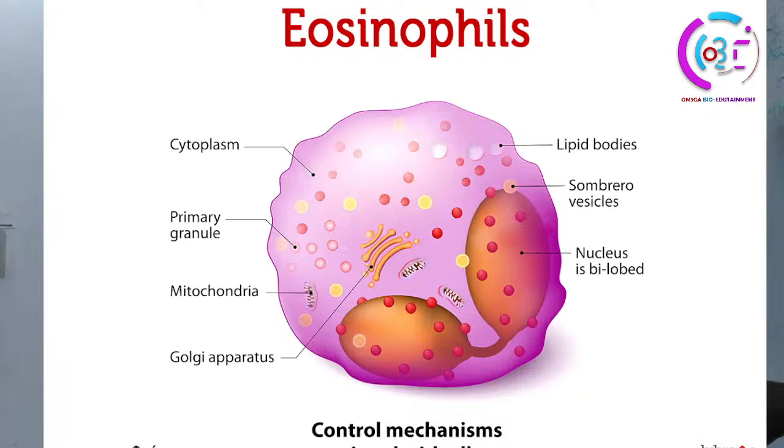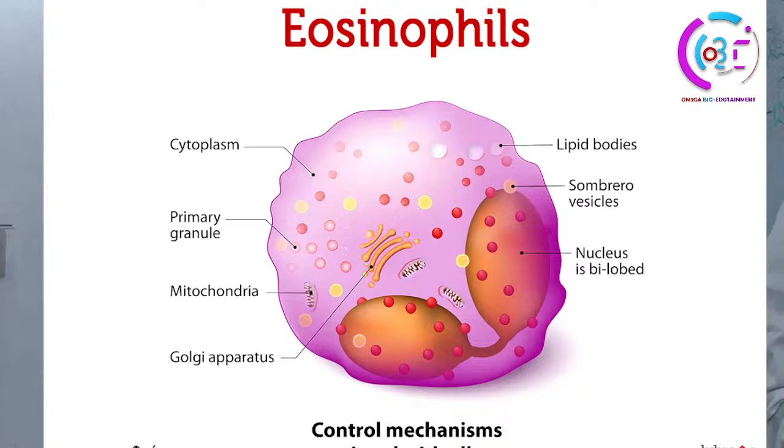Don't forget that the lytic cycle is what makes the virus bring out millions of viral particles. But lysogenic means it will just be there, but it will not be able to divide.